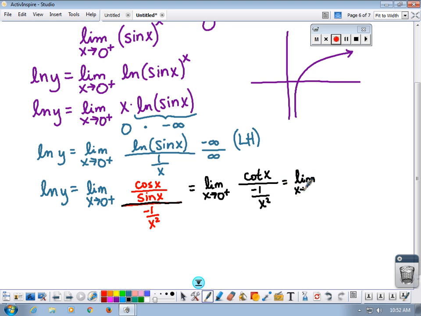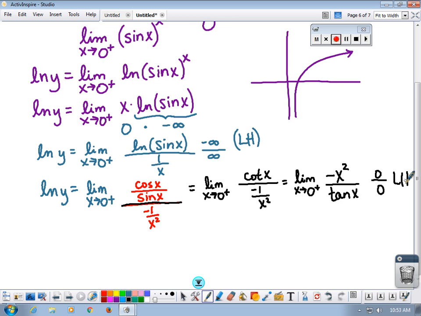So we can flip the denominator, which is going to bring that x squared up and make it negative x squared, and flip our numerator and just call it tangent x on the bottom. So we're rewriting cotangent x as 1 over tangent, and we're rewriting the denominator by flipping and multiplying by the reciprocal. So we end up with negative x squared over tan x. That's just easier to plug in the 0. Now you can see you would get 0 over 0, tangent of 0 is 0.